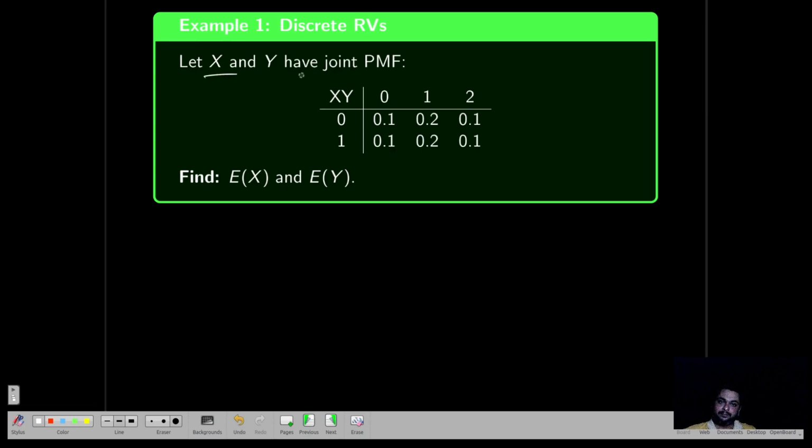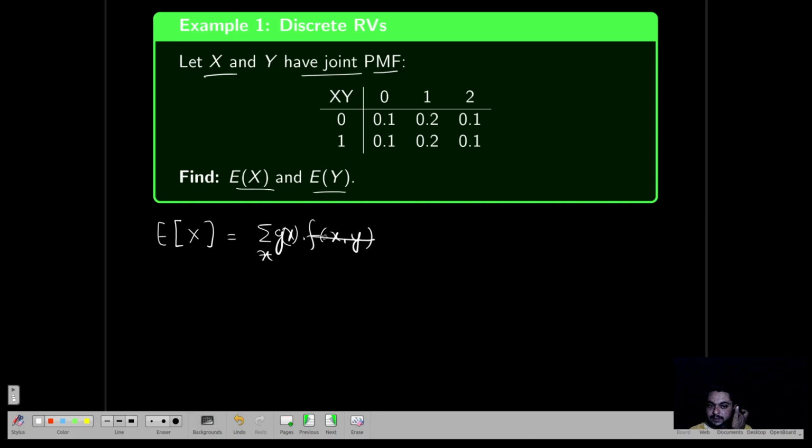Let x and y have a joint PMF, given like this, and find E of x and E of y. Directly you can find E of x using the marginal distribution. E of x is equal to summation of x into g of x, the marginal distribution.